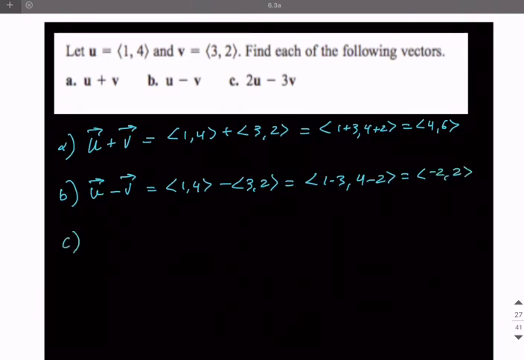And then for C, you get 2u minus 3v. Notice how I put the arrow, that's important.